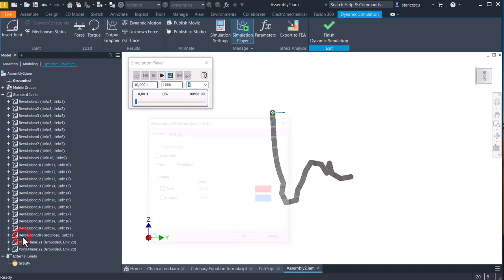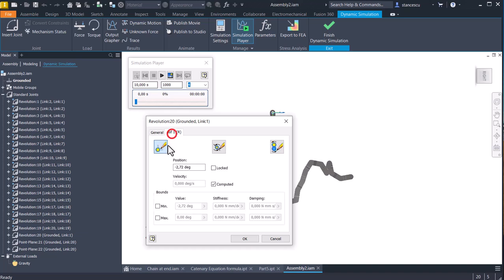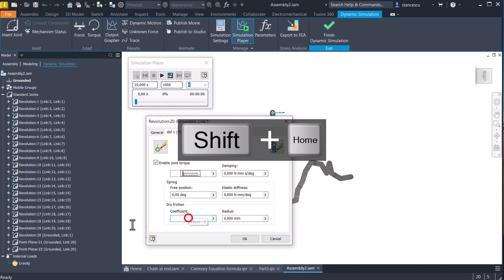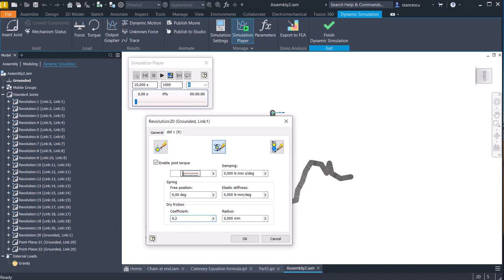And these were the last links to be modified, adding the friction coefficient.